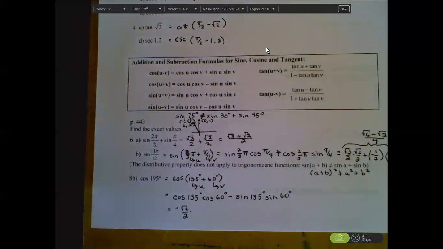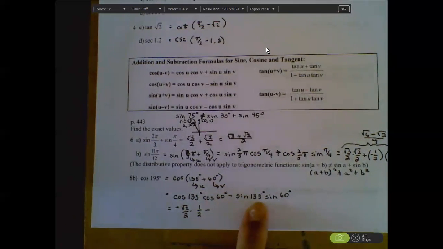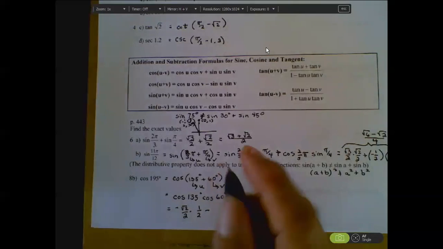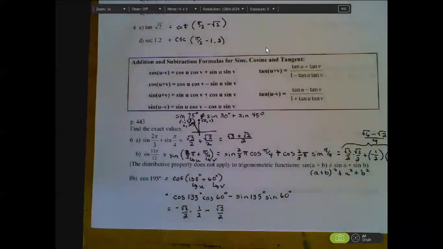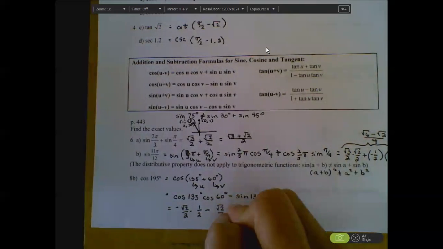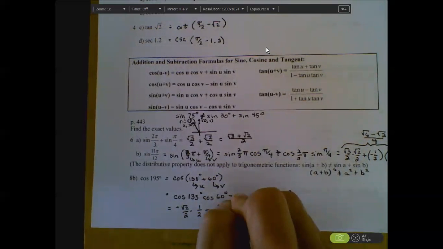One half. Yep. Then the sine of 135 degrees, again, it's a quarter pi in the second quadrant. So sine would be positive square root of 2 over 2. And what is sine of 60 degrees? Square root of 3 over 2. Right.